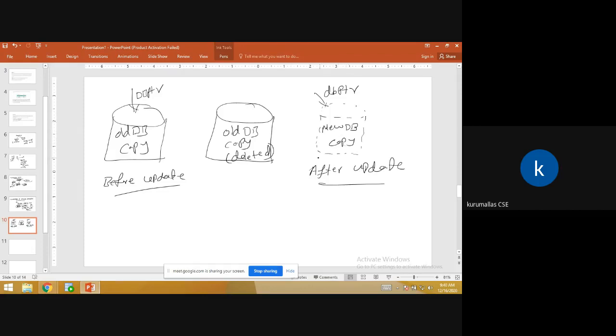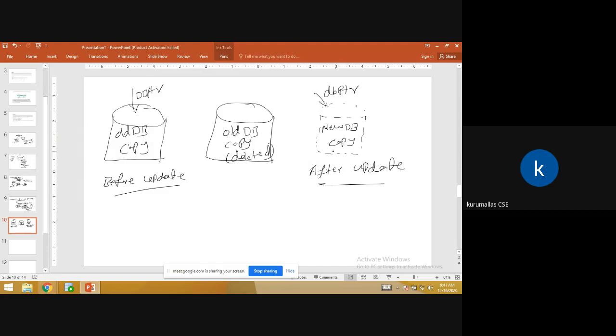Once a new database is created, all the necessary updates are done to this database. The original database is there, and one new database is created. So whatever manipulations are necessary should be done to this database, but not the original database.